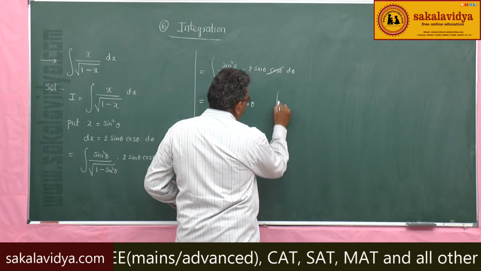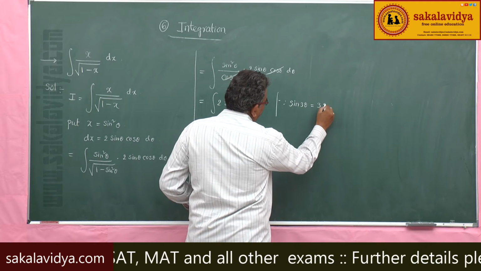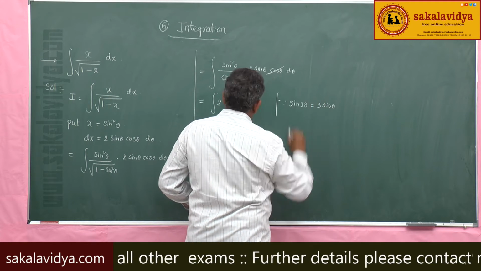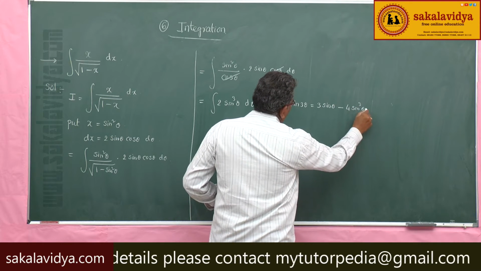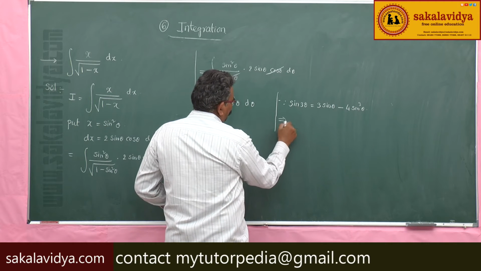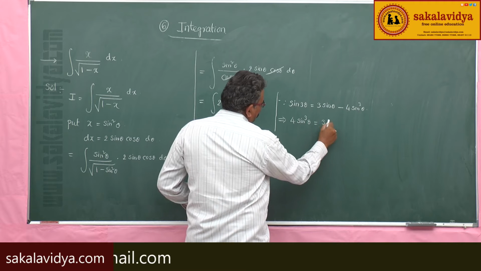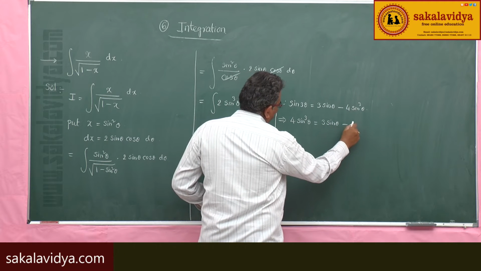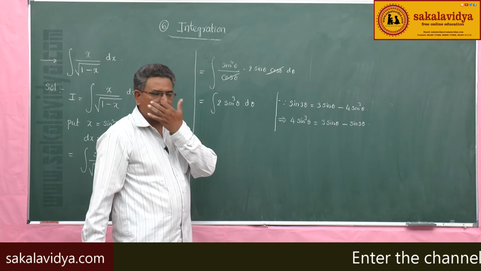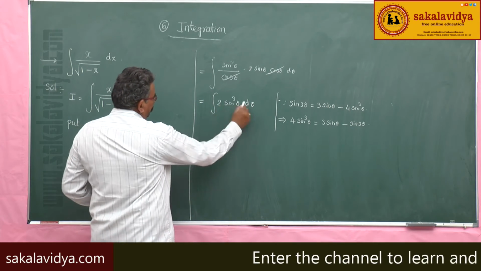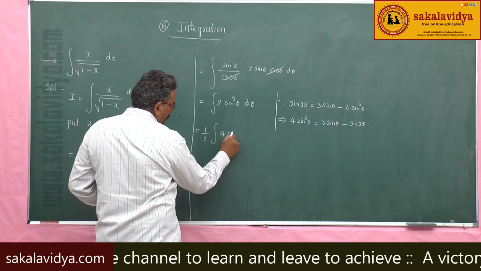See, we know that sine 3 theta is equal to 3 sine theta minus 4 sine cube theta. So 4 sine cube theta is equal to 3 sine theta minus sine 3 theta. So this, multiply and divide by 2, 1 by 2 times 4 sine cube theta d theta.